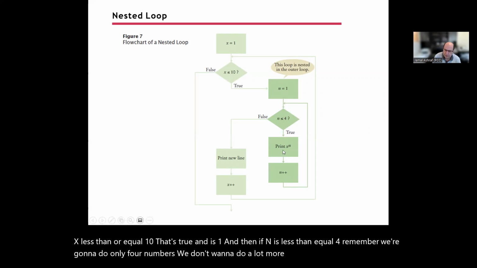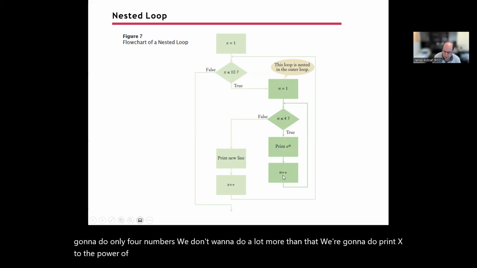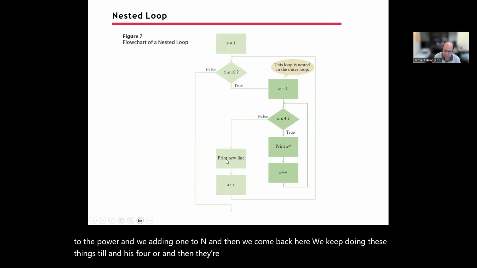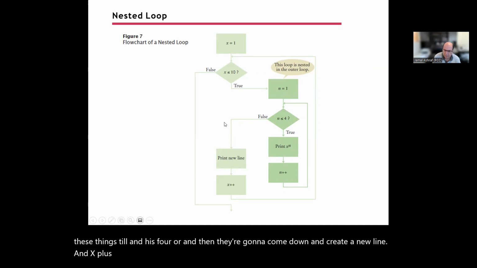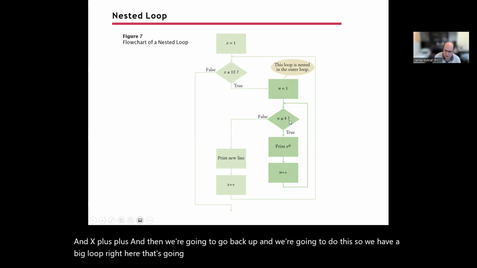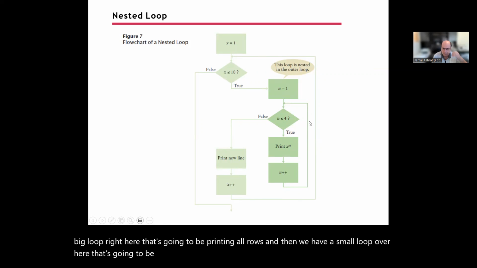We're going to print x to the power of n, we're adding 1 to n, and then we come back here, we keep doing these things till n is 4, and then we're going to come down, print a new line and x plus plus, and then go back up and do this thing. So we have a big loop right here that's going to be printing all rows, and then we have a small loop over here that's going to be printing all columns.